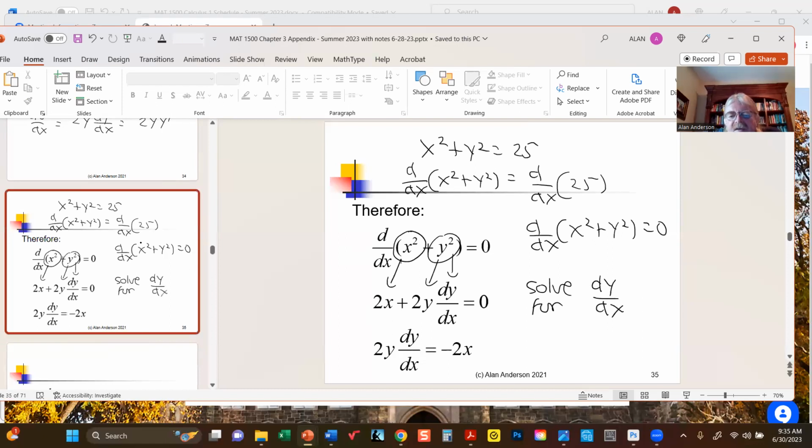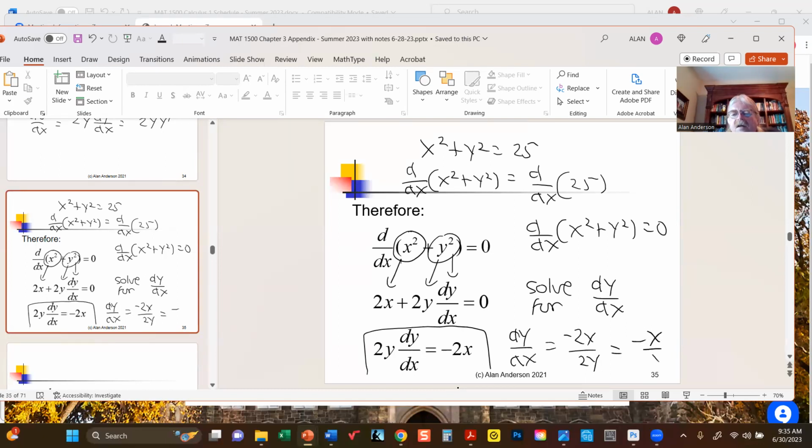So now we're going to use some algebra. We'll subtract the 2x from both sides, and then we'll divide it out by the 2y, and we end up with minus x over y. Now, if you notice, this is not just a function of x. It's a function of x and y.